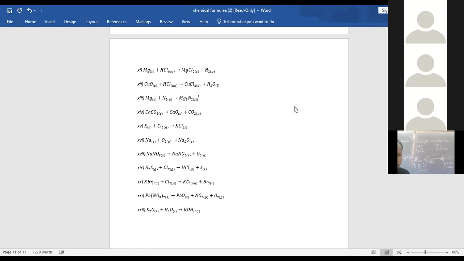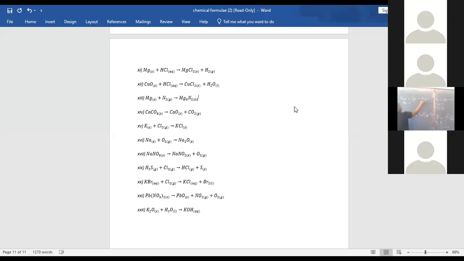Number 16 is sodium will give us sodium oxide. So on the reactant side, we have one sodium atom and two oxygen atoms. And then on the product side, we have two sodium atoms and one oxygen atom.